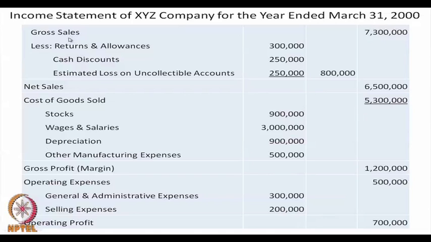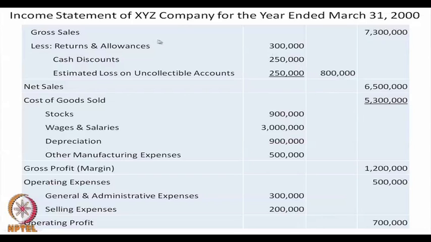In this case, gross sales is taken as 7,300,000 rupees, and from here we subtract returns and allowances, discounts and estimated loss on uncollectible accounts, which together amount to something like 800,000 rupees.